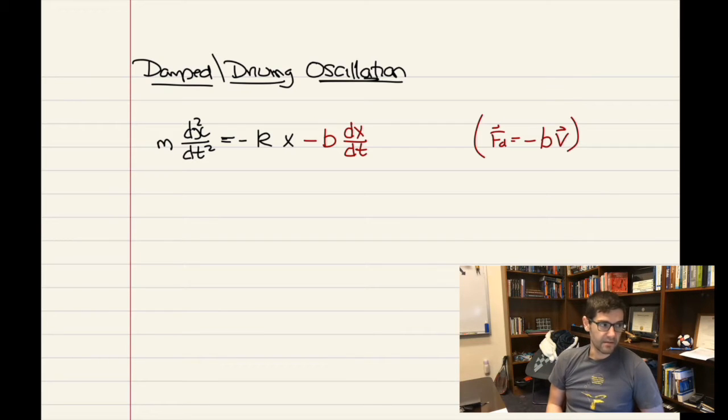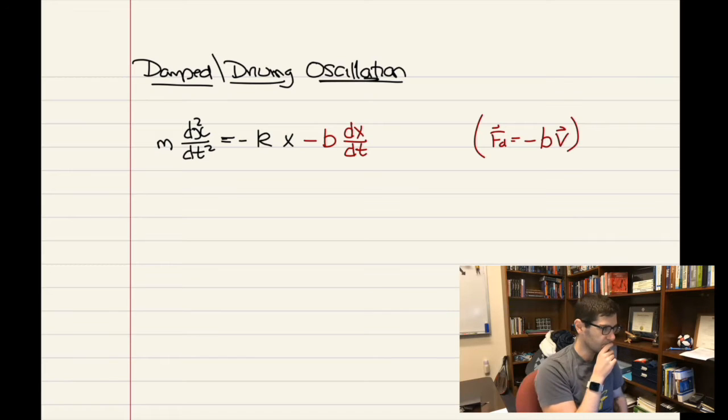Think of trudging through honey, or when you're moving at very slow speeds through the air. The drag that you experience is some constant multiplied by your velocity. The faster you're moving, the more air drag you experience, until your velocity is brought to zero. It's always acting in the opposite direction of your velocity, which means it's always acting to slow down the object.